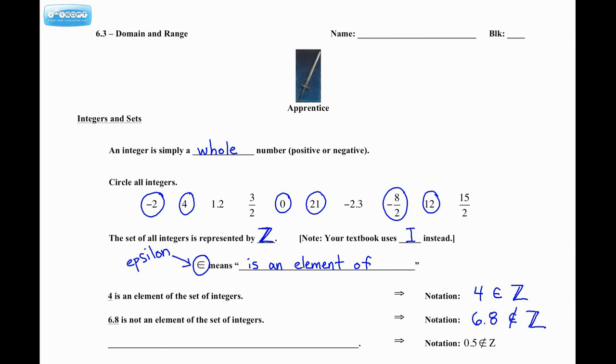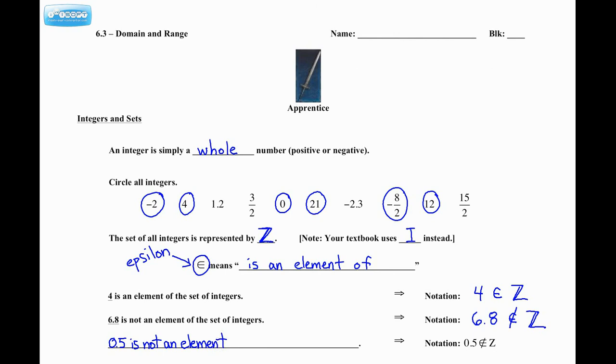Right, the third example, we're actually given the notation first, and we just want to translate it back into English. So this says 0.5 is not an element of the set of integers. So I'll just write that in English. So we have 0.5 is not an element of the set of integers. So you can see how writing it out in English might be a bit painful.